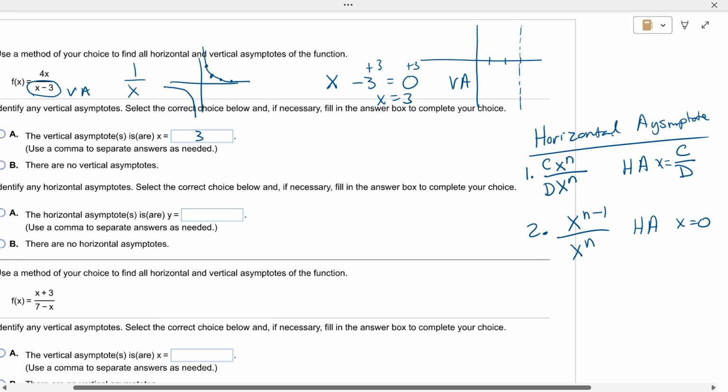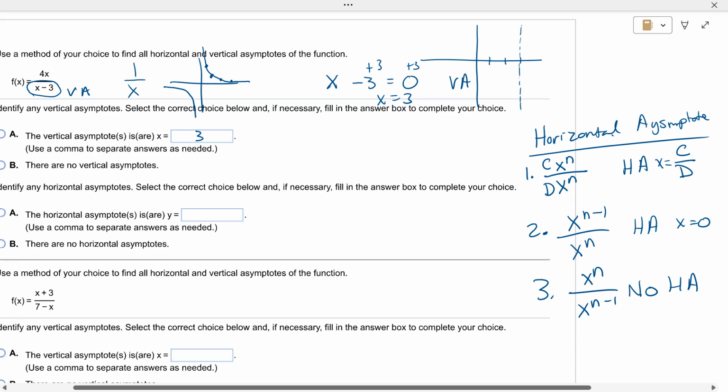Okay. And if your power in the numerator is bigger than your power in the denominator, you have no horizontal asymptote. It does not exist. There are no horizontal asymptotes.